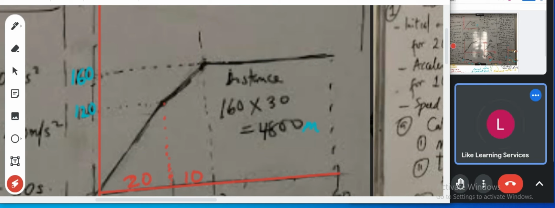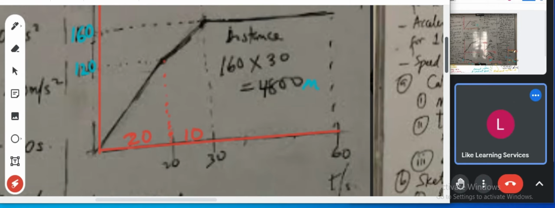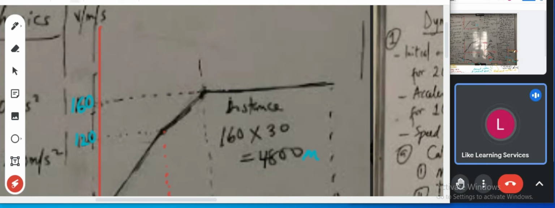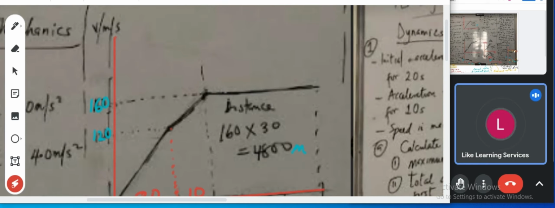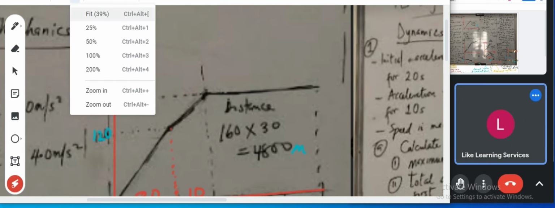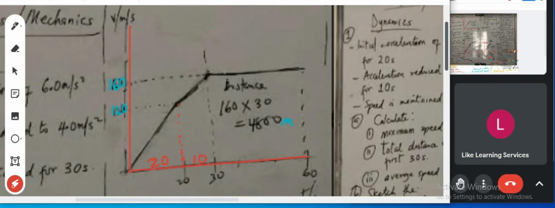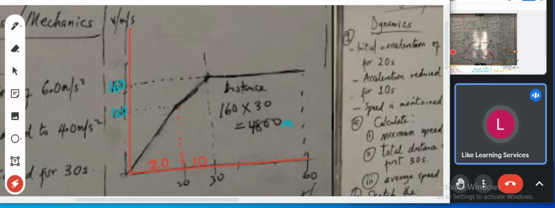So, how do we sketch it? This is a velocity time graph. I think I need to zoom out a bit to reveal this better. How do you sketch the distance time graph?